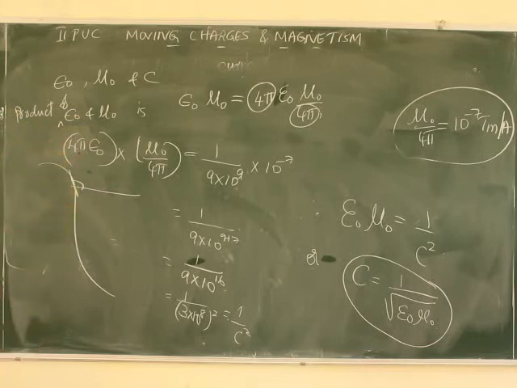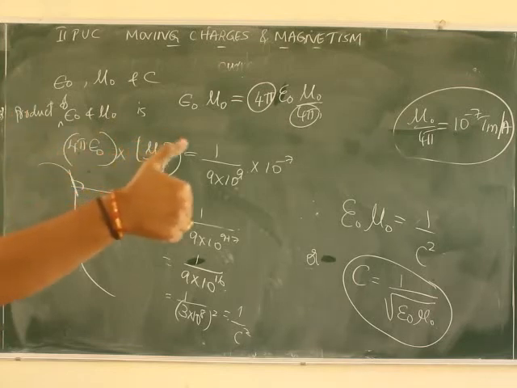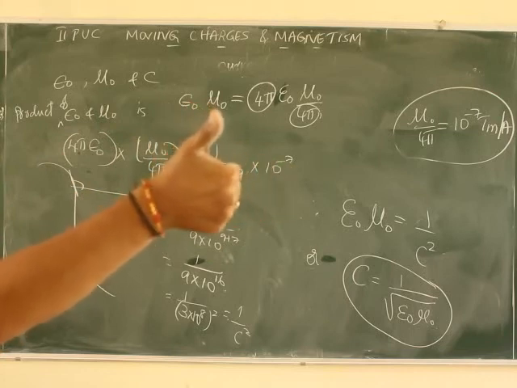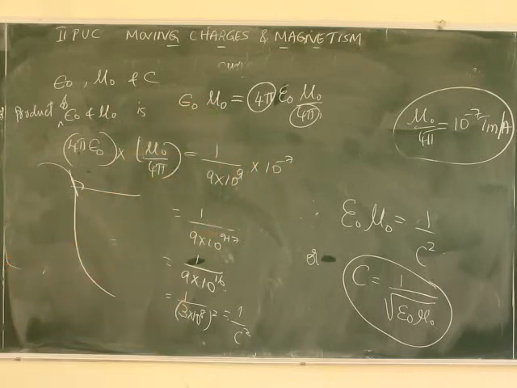Correct? So the thumb indicates the direction of the current, whereas the curled fingers give the direction of the magnetic field. Please write one statement for the right hand thumb rule. Next, the right hand clasp rule.